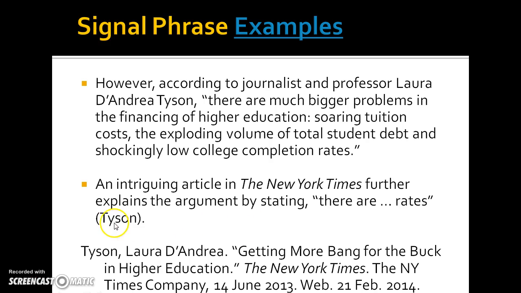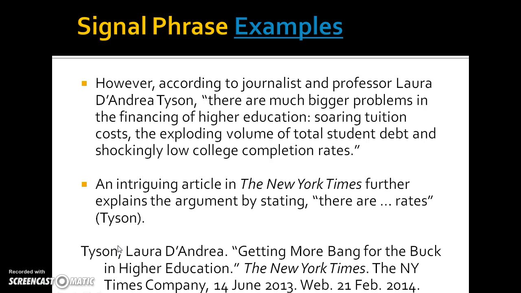You notice down here we have our source that's on the works cited page. This first example here, however, according to journalist and professional Laura DeAndrea Tyson, quote, there are much bigger problems, etc. Notice that we've got Laura DeAndrea Tyson's name written out, and so this means that we do not need to include an in-text citation at the end because it leads us directly to the source on the works cited page.